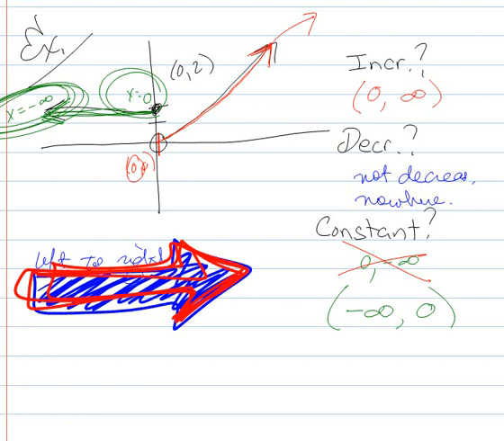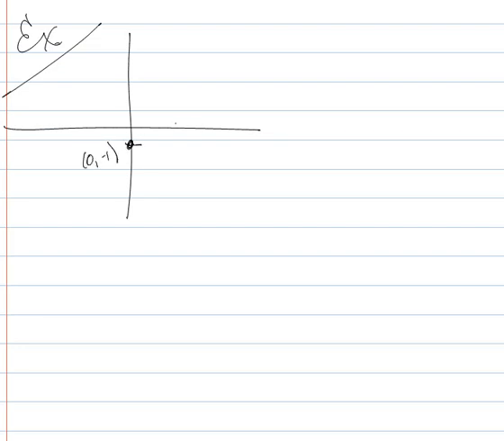All right, so let's try another example. Say we've got a function going from 0, negative 1, and it's going to go over to 2, 4, and then over to 4, 0, and look like this.